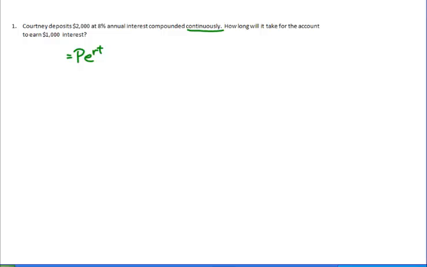equals the amount. And so the amount on this first problem is going to be $1,000 in interest.